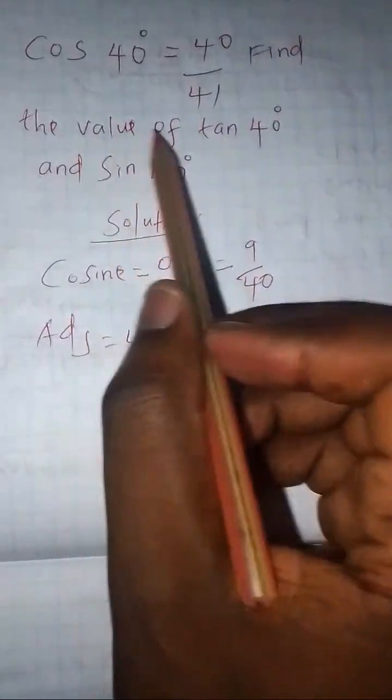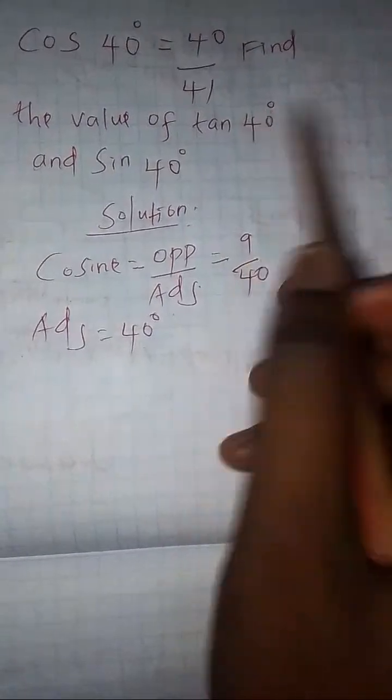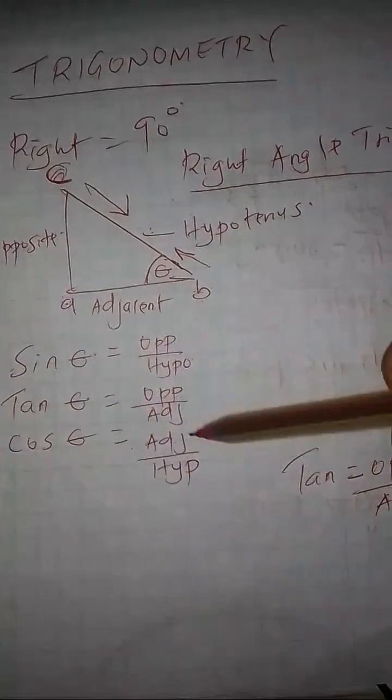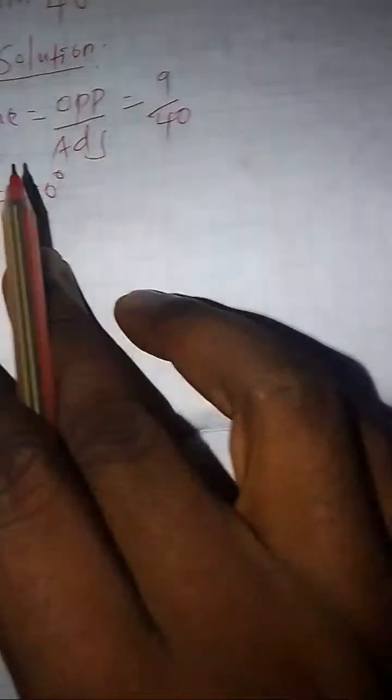They're asking for the value of tan 40 degrees. And the formula for tan here is opposite over adjacent. That's why we have the opposite over adjacent there. So the adjacent is 40, right?